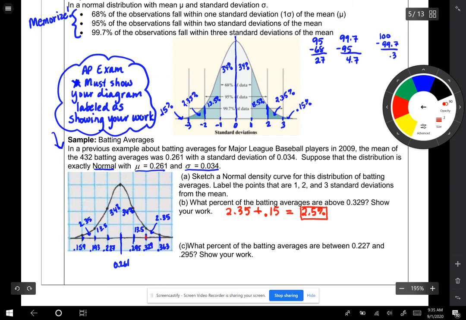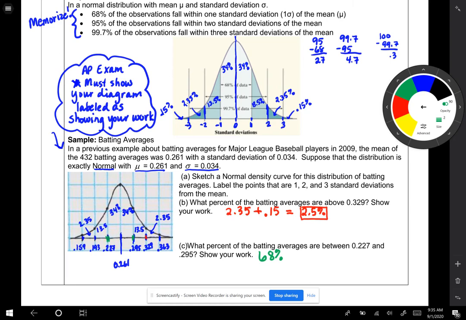Hopefully you remember doing this in the past. What percent of the batting averages are between 0.227 and 0.295? If you look at that, that's one standard deviation within the mean, so that would be 68%. And that's how you analyze a normal curve.